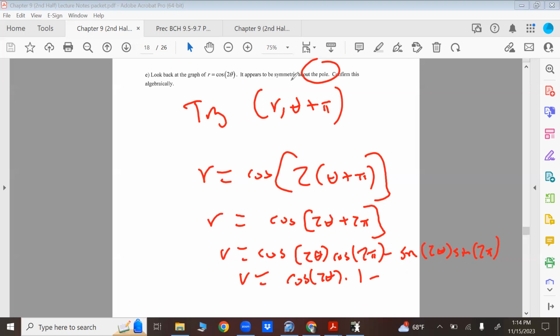Why can't you try negative r, comma, theta? Like, why doesn't that work? Actually, sometimes it doesn't always work. You are correct, sometimes we can do that, but you try one of the two that makes it work. No, you are correct, because we asked to find symmetry about the pole.